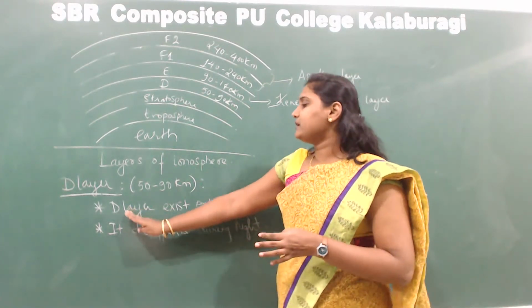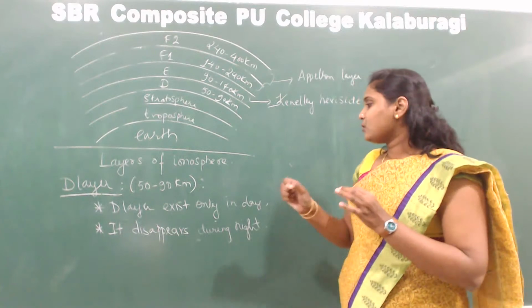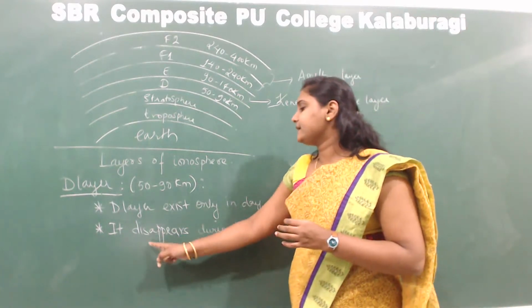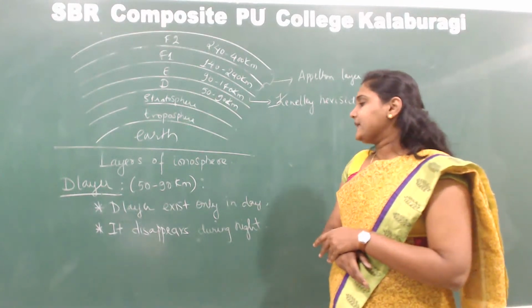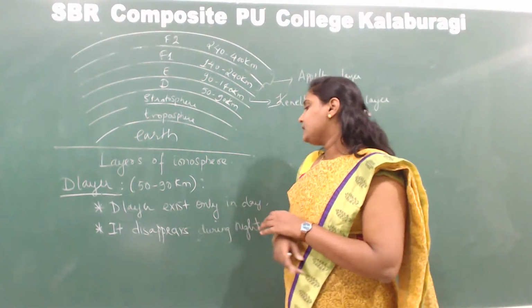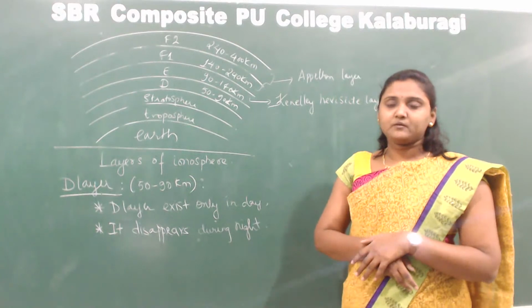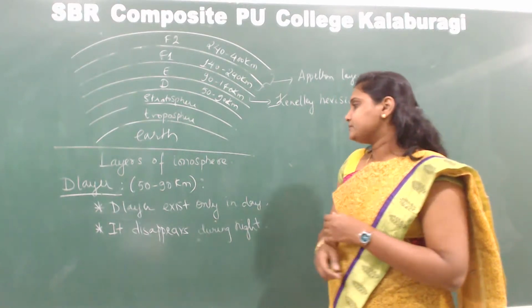So overall, the D layer exists only during the day and disappears during the night. So propagation can take place only during the daytime with the D layer.